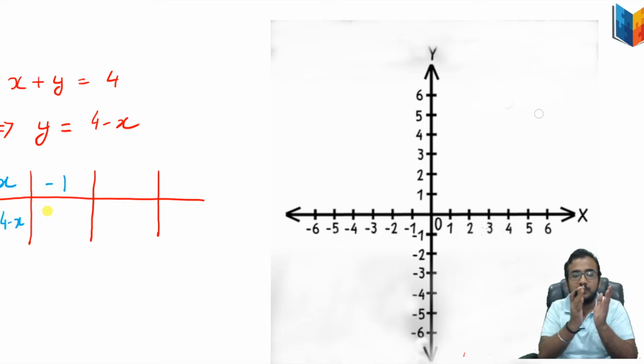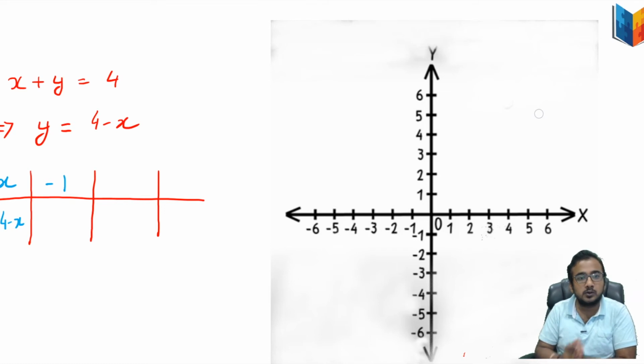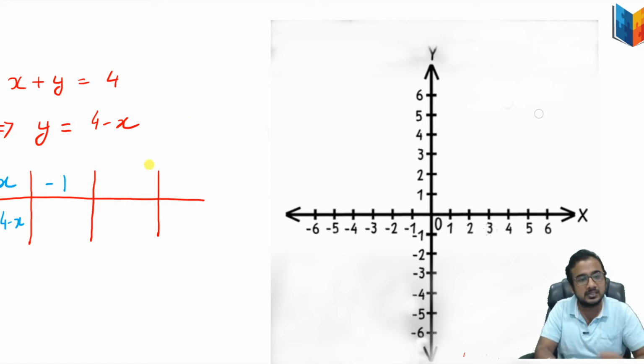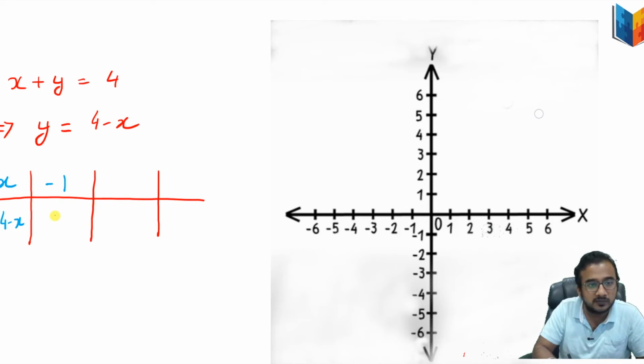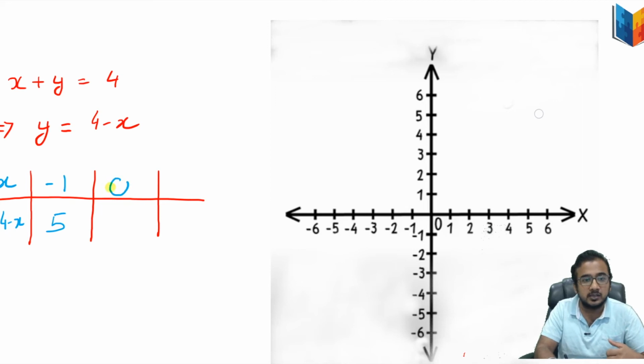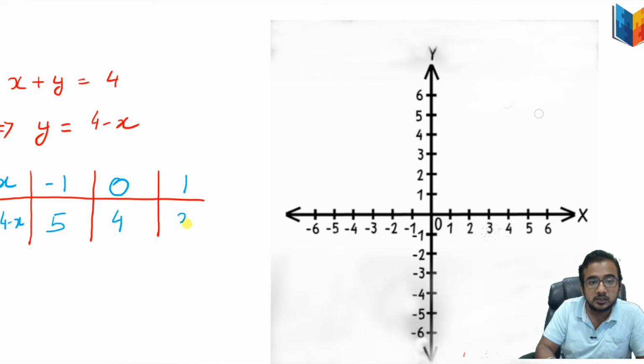So when x is -1, what will be the value of y? It is very simple, the value of y will be, because minus and minus becomes plus, 5. And again, now let us take 0. So 4 minus 0, very simple, it becomes 4. And x is equal to 1, it becomes 3.